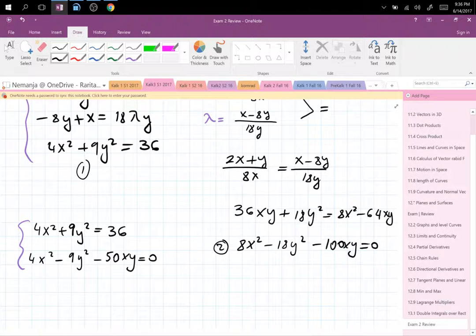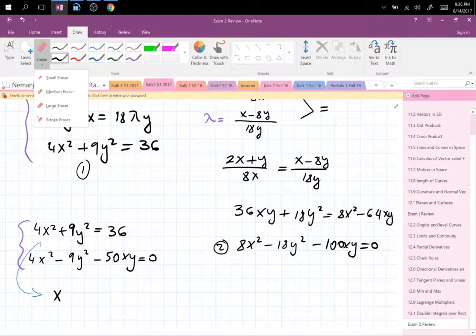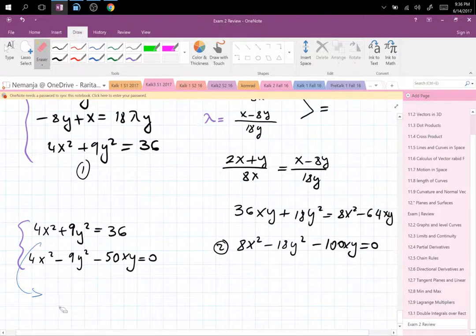So we are solving the first equation for x. You want x or y? Y. So y squared is equal to, when you divide by 9, 4 minus 4/9 x squared.